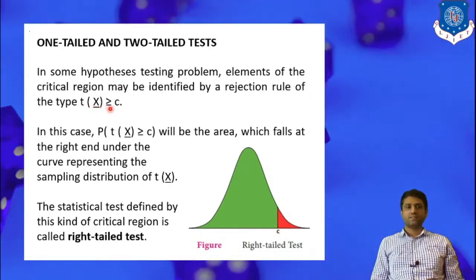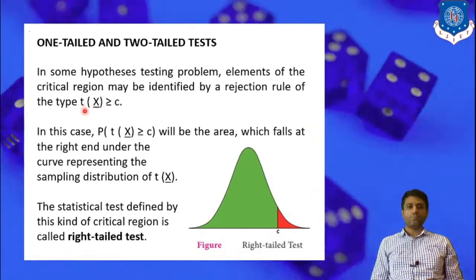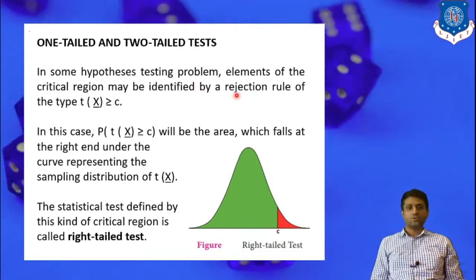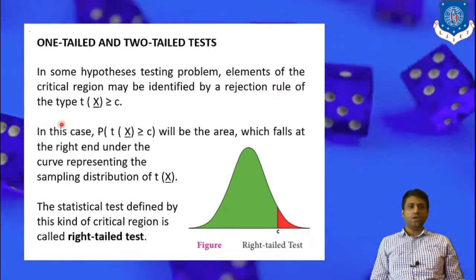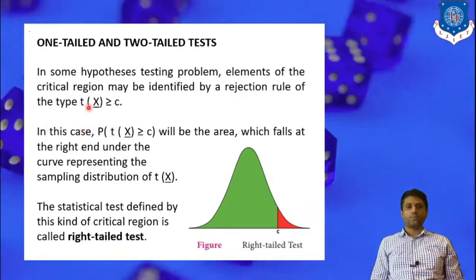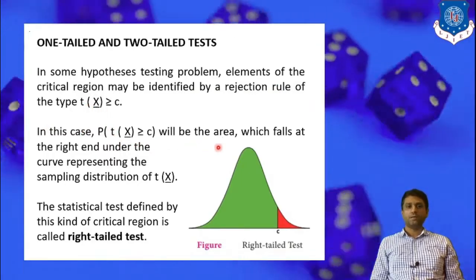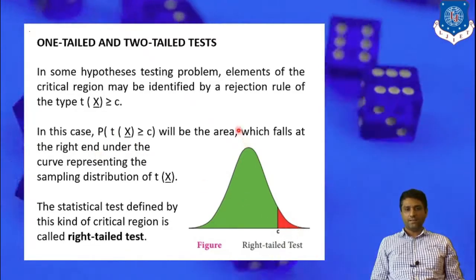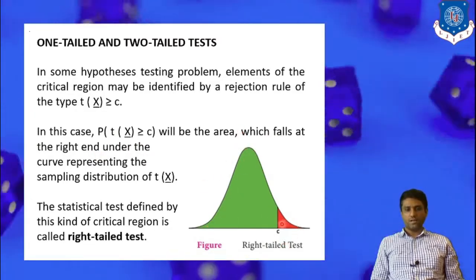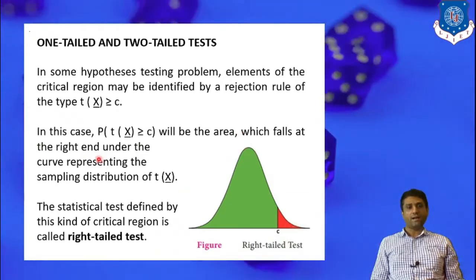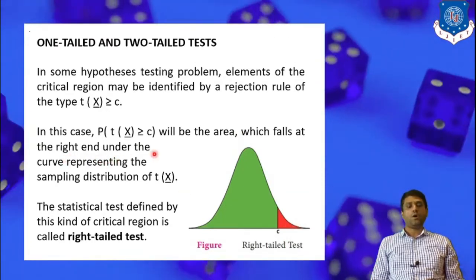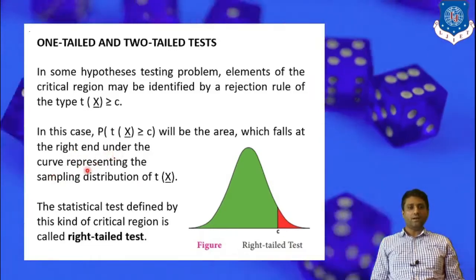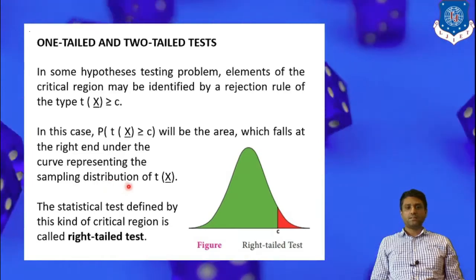So when x is greater than c, that is, lying in the portion T(x) greater than c, this red highlighted area, we have to reject it. In this case, the probability of T(x) greater than or equal to c will be the area which falls at the right end. These are the normal distributions, and this red highlighted area lies in the right end of the normal distribution, under the curve representing the sample distribution.